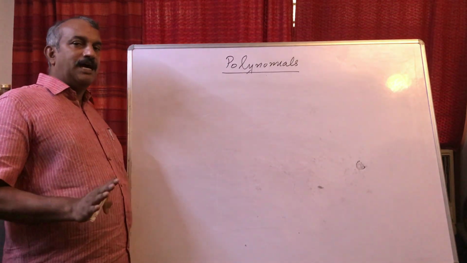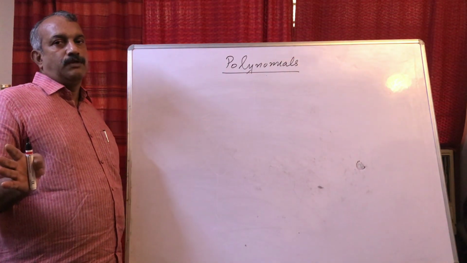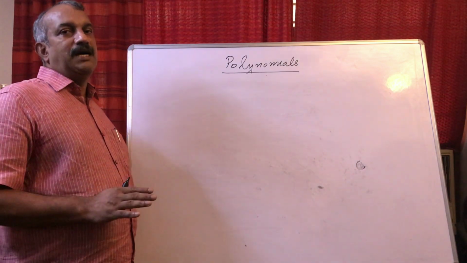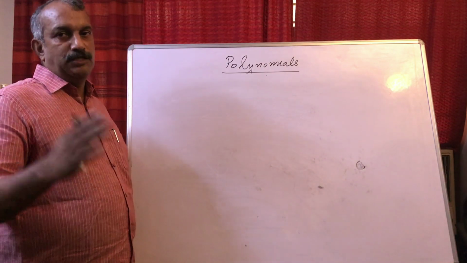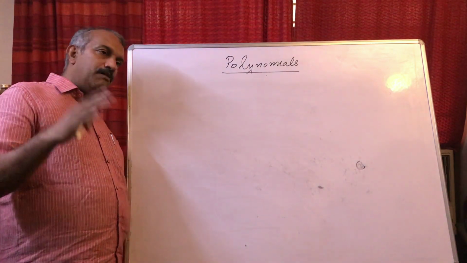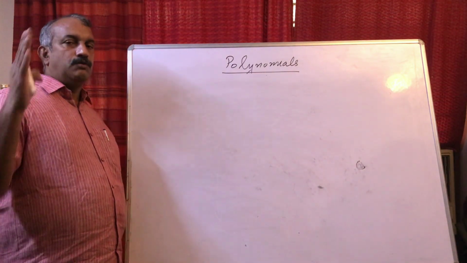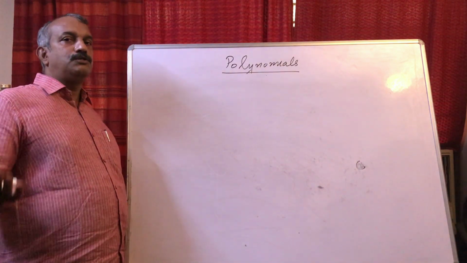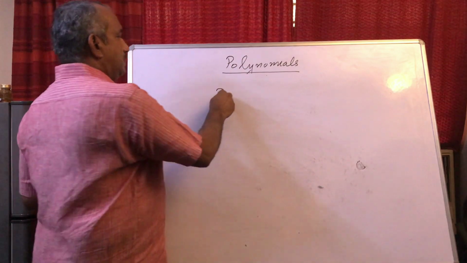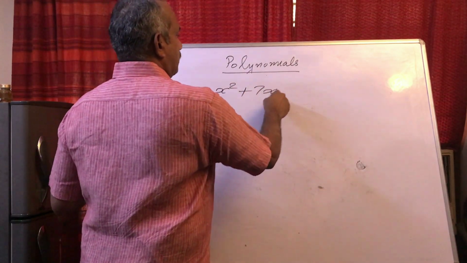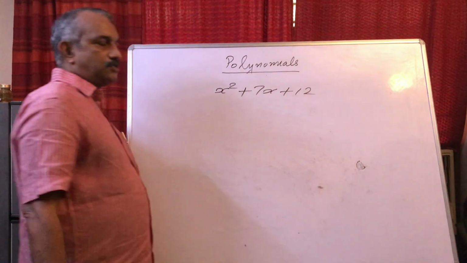Degree 2, it can have a maximum of 2 zeros. Degree 3, it can have a maximum of 3 zeros. A quadratic polynomial, with degree 2, can have 2 zeros or 1 zero or no zero. For example, x square plus 7x plus 12. Here in this case it has 2 zeros.